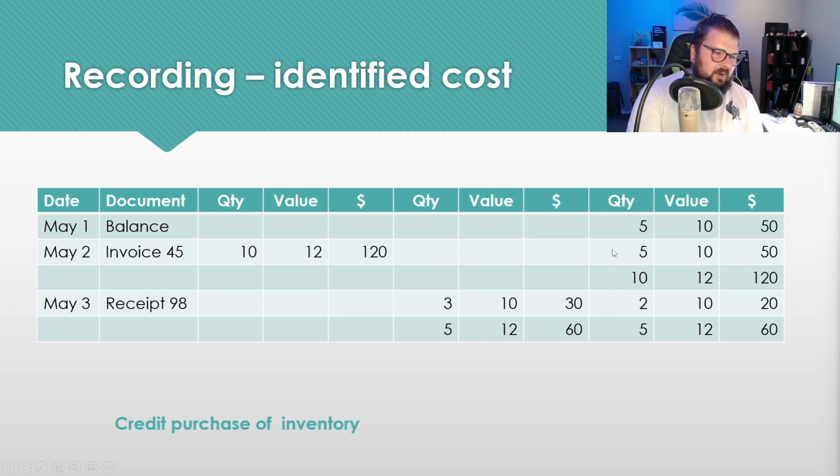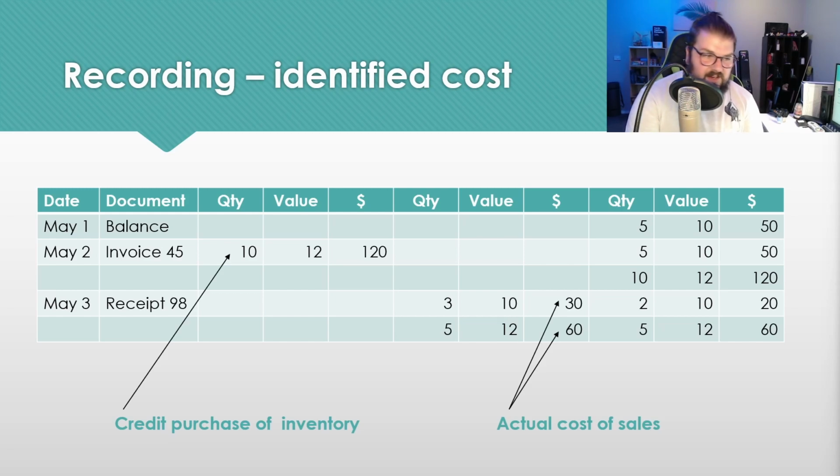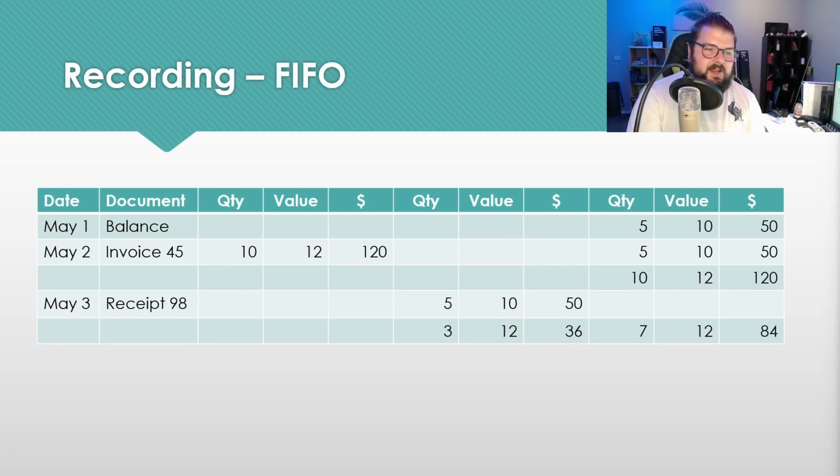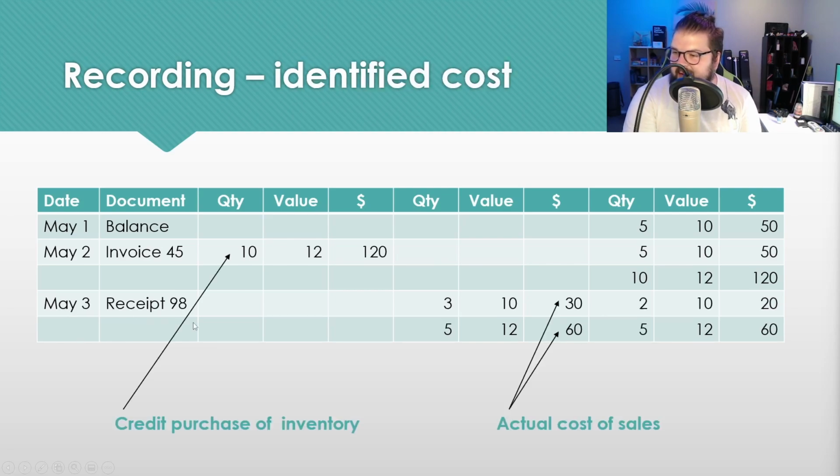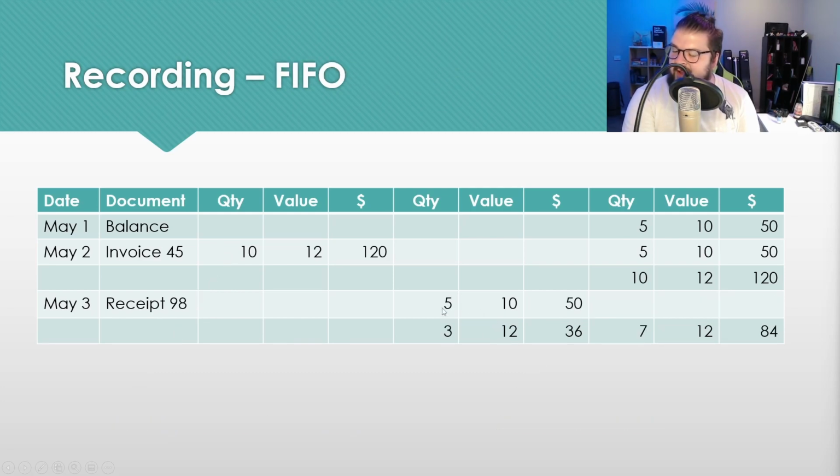So you can see we've got our credit purchase, we've got our actual cost of sales because we're using identified cost. But here, let's use FIFO. The top of it doesn't change. We've still got that inflow of stock and we still order it like this because this is the older stock. But here, instead of 3 units at $10 and 5 units at $12, we assume that we're selling the old stock first.